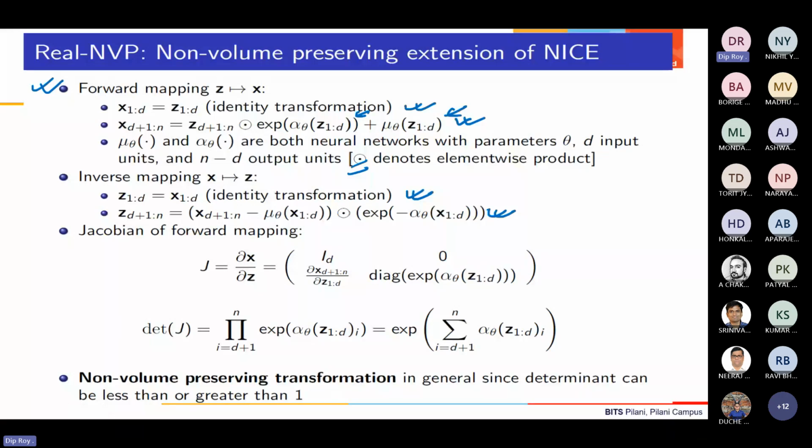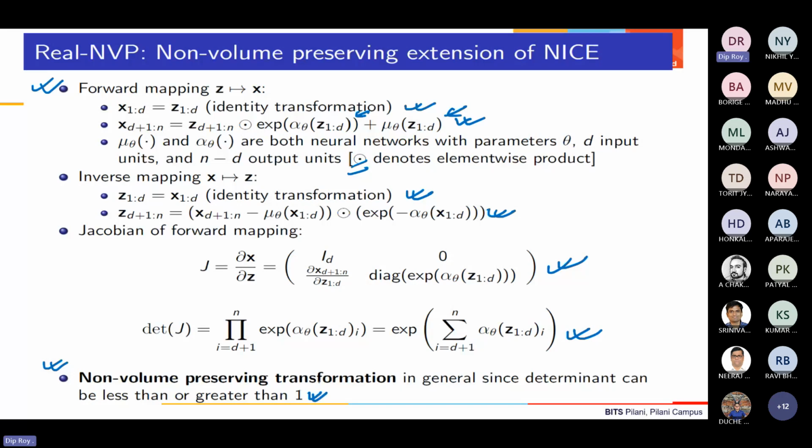And if you do some algebra here, I'll not go through the calculation, you will find that this is how the Jacobian looks like, and the final determinant looks like this. So this is a non-volume preserving transformation in general, since the determinant can be less than or greater than 1.